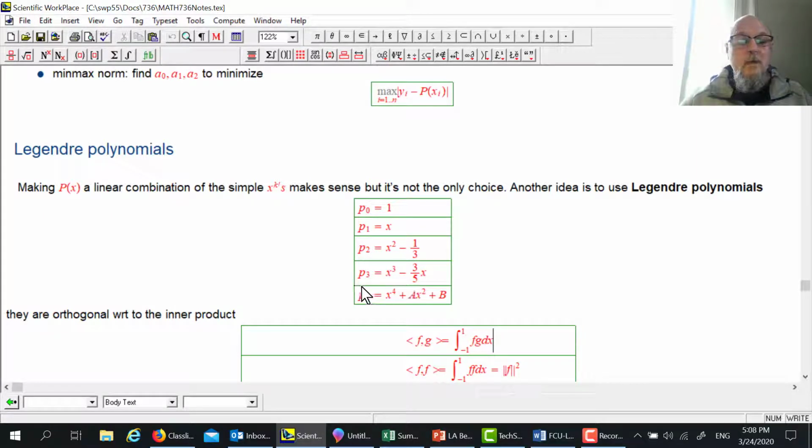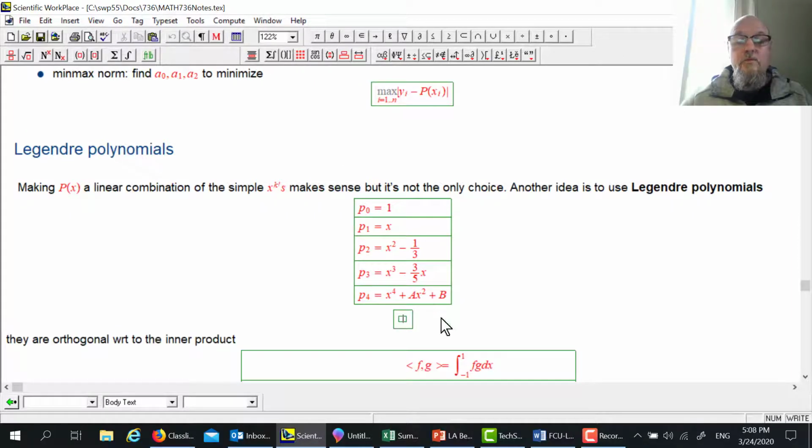So if I want to find what P4 is, I need to know what the A and the B are. So this is the condition that I need: P4 inner product any of these other P's has to be equal to 0.